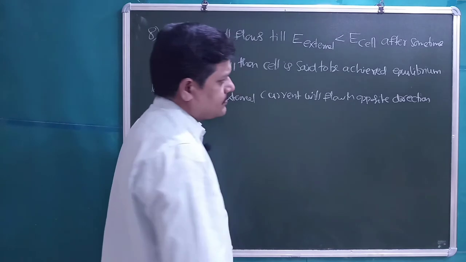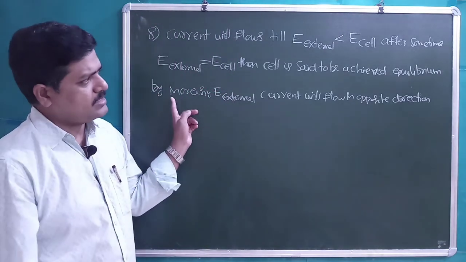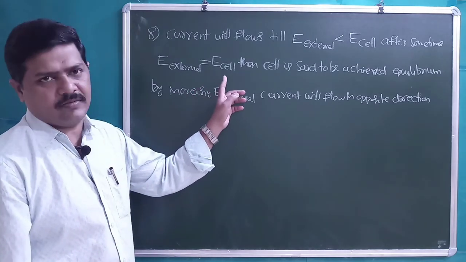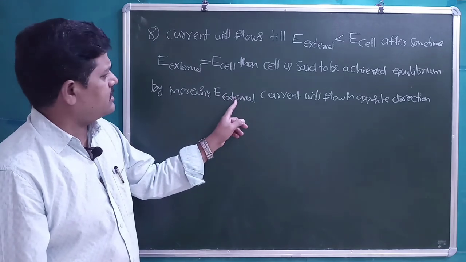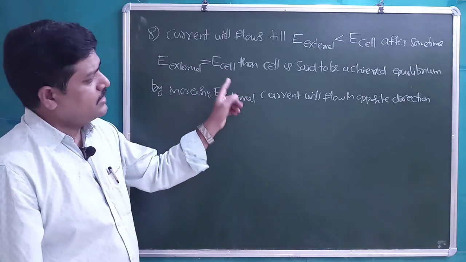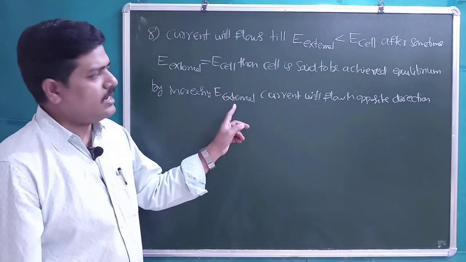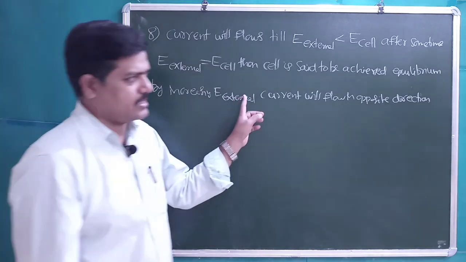Students, that means we need to recharge the cell by applying some external source. An external electric field is connected with the cell. Then what happens? E external is greater than E cell. Then current will flow in the opposite direction, and the electrochemical cell acts like an electrolytic cell.